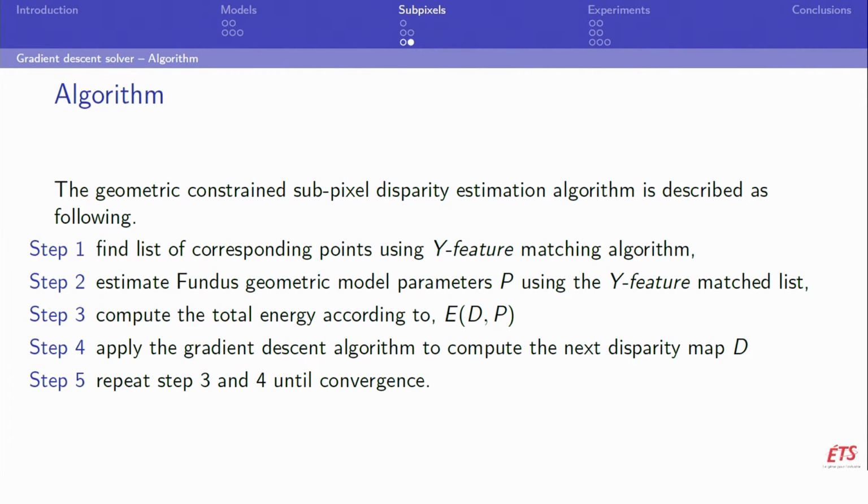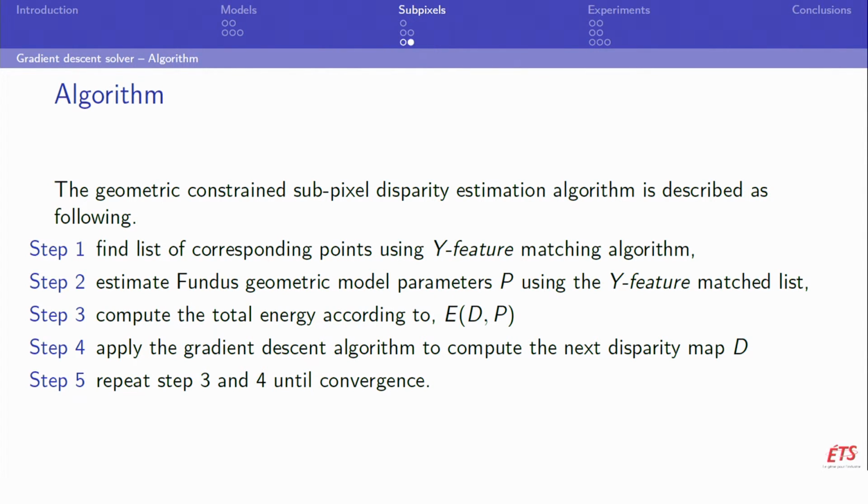So the algorithm, just to summarize a little bit: we start by extracting Y features and doing a matching between the two images. From a set of these Y features, we extract the shape of the quadratic surface that is describing the back of the fundus, the retinal fundus.